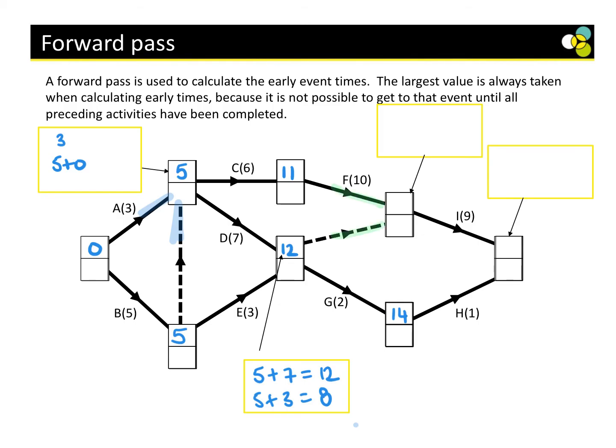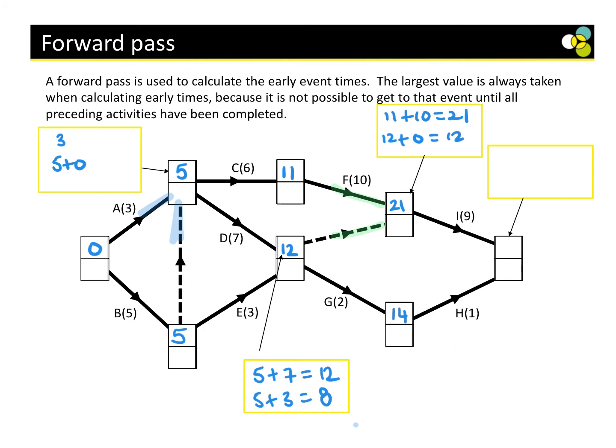If we go through F, it's 11 plus 10, which is 21. Or if we're using the dummy, it's 12 plus 0, which is 12. We're going to use the highest one, 21.